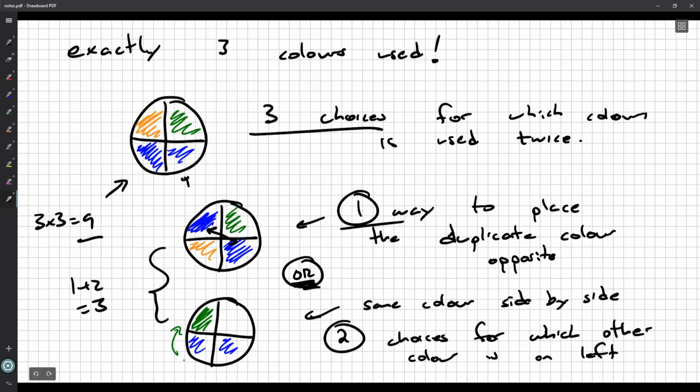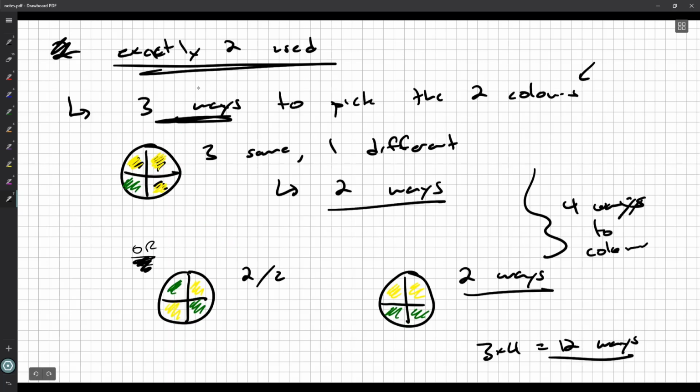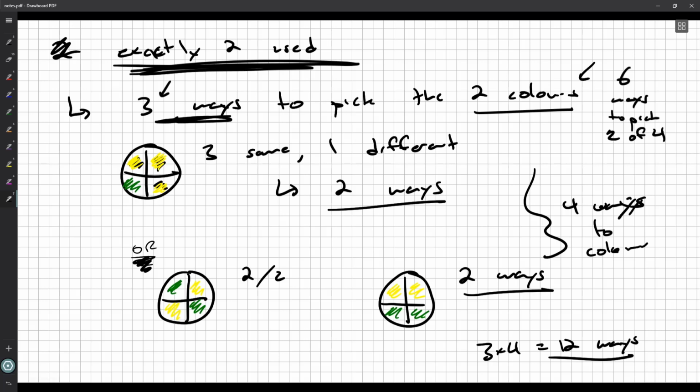A kid who isn't George would have had 4 ways to pick which color he uses here. Pick which one you're not going to use. Pick the red in your situation. Okay? And a kid who's using exactly 2 wouldn't have 3 ways to pick his 2 colors. He would have 6 ways to pick 2 of the 4 colors. And that's going to change things a little bit as well.